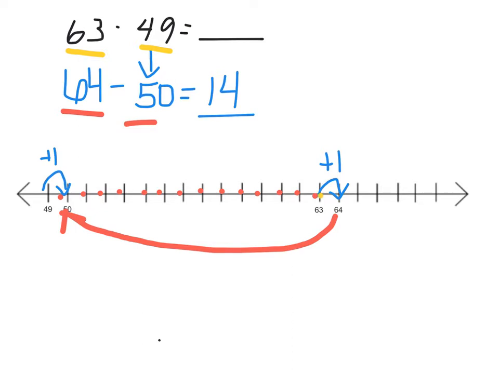So here's 63 going to 49. That should also be 14. Let's see if it is. 1, 2, 3, 4, 5, 6, 7, 8, 9, 10, 11, 12, 13, 14. It is. So you see that it works. We just use friendly numbers in order to help me to perform the subtraction easier in my mind.